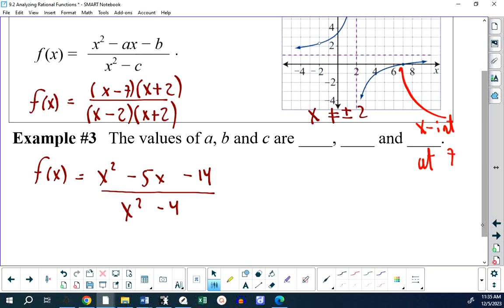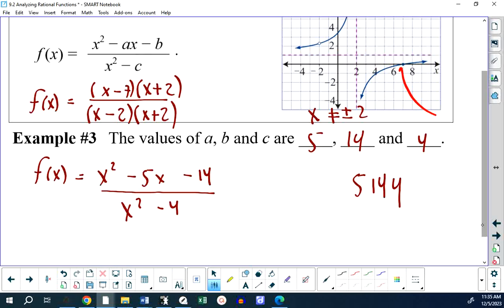Are we in agreement with that? Okay. That makes A 5, B 14, and C 4. So you would enter 5, 1, 4, 4. And anytime you get a blank that is 2 digits, you would use 2 digits on the answer sheet.